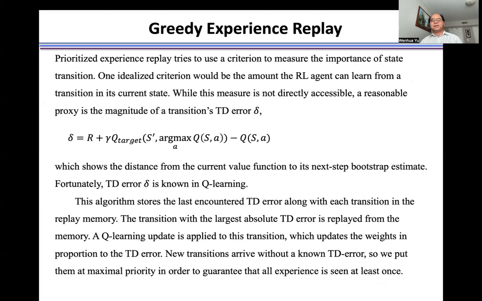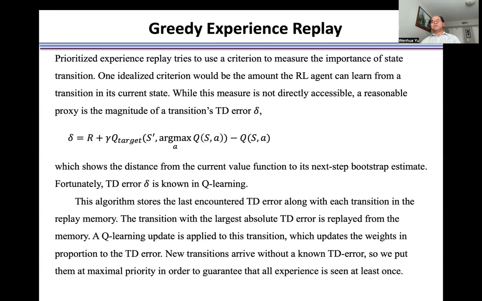To label the importance of the samples in the replay buffer, we need to have a criterion. Let's think about when we use the gradient descent method to train a Q-learning model.